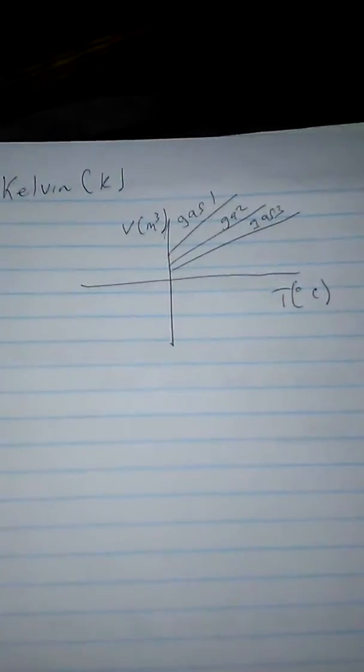When they plotted these two variables against each other, they got a straight line. They did various experiments. We can say this was perhaps guess 1, this was guess 2, and this was guess 3. These three straight lines represent the relationship between the volume and the temperature of the gas.